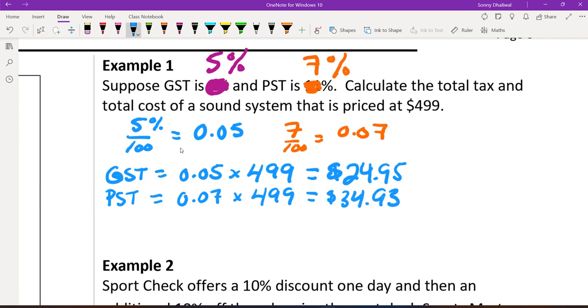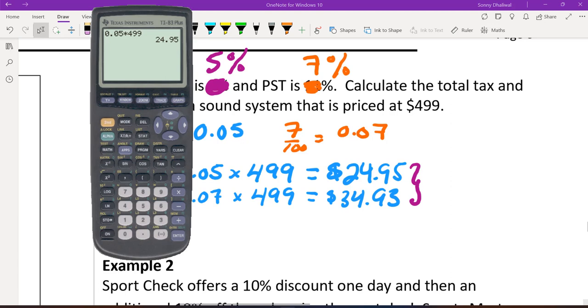Okay. So altogether, we pay this much in taxes. So how much are we paying in taxes altogether? 59 and then 88 cents. $59.88. So that would equal up to like $60.